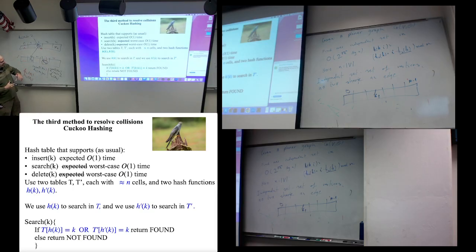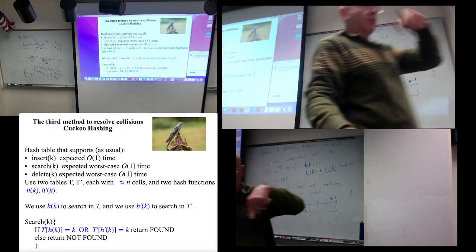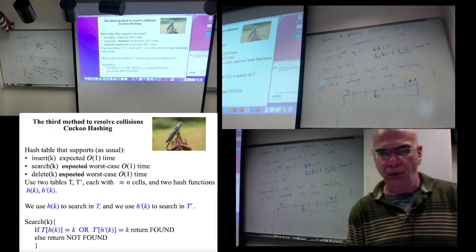And secondly, the fact that two keys collide on one table doesn't increase the chance that they'll collide again in the second table. Actually, they're more likely to go to different locations. So there is quite a slim chance of long cycles.